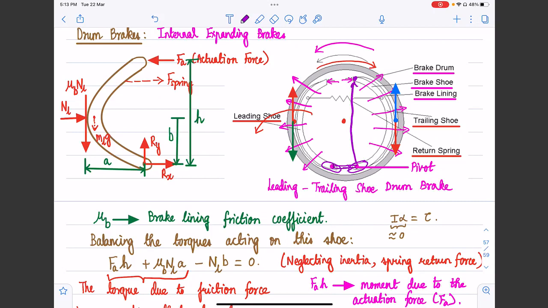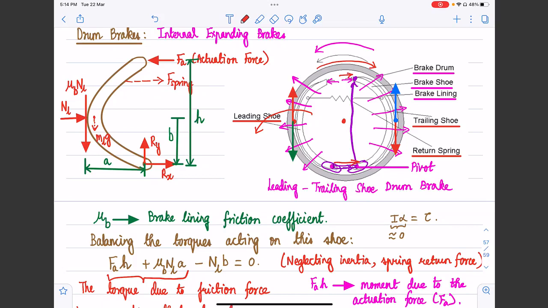So we still have only one actuator, but when the brake force is applied and the leading shoe gets pulled into the brake drum, this pivot will essentially tend to push the shoe at the right in this direction. So consequently, the rightmost shoe gets pushed from both directions into the drum brake. So it provides a better performance in terms of brake factor when we compare it to the leading trailing shoe drum brake.